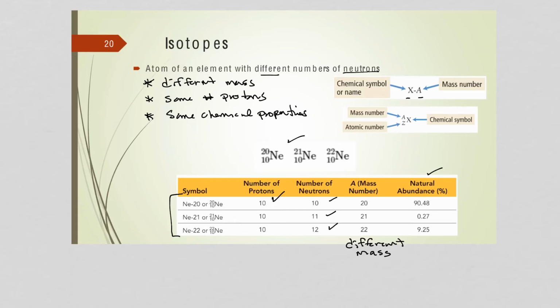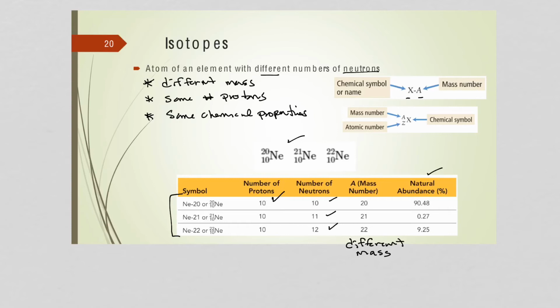So isotopes exist based on this natural abundance. Unless something has been done to artificially change this natural abundance, then it will exist according to whatever the natural abundances are for the isotopes of that element. And different elements have different numbers of isotopes and with various natural abundances.